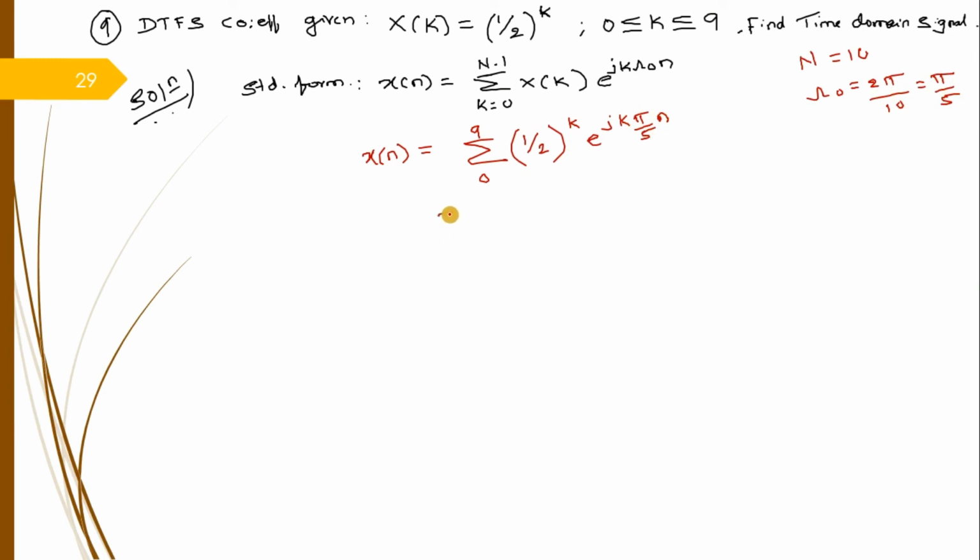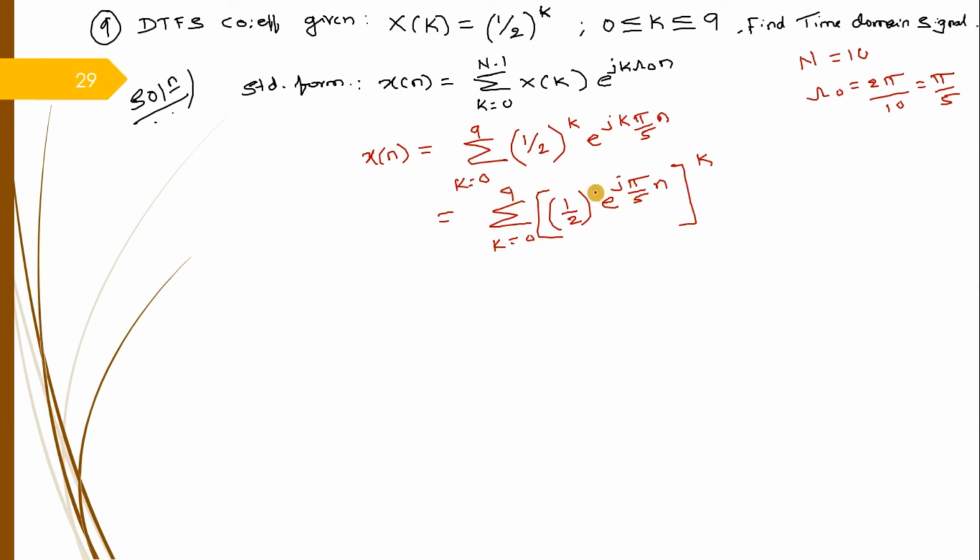Okay, so this can also be written as summation k ranging from 0 to 9, 1 by 2 e raised to j pi by 5 n, whole raised to k.